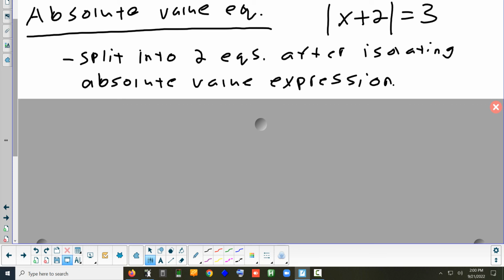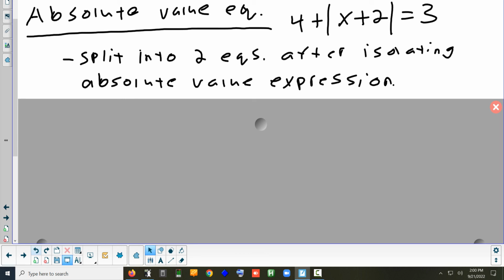We always want to make sure when we go to solve an absolute value problem that this is by itself on one side. You want the absolute value isolated. That's perfect.